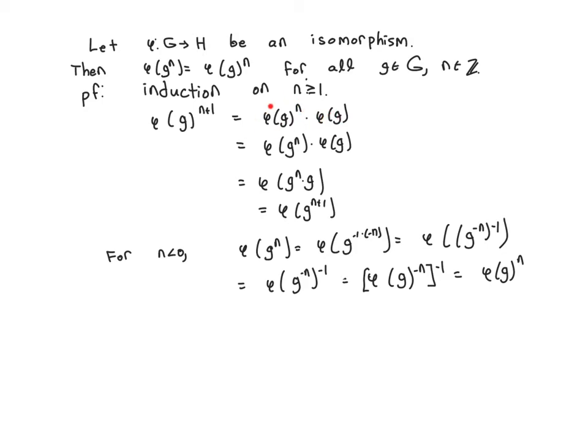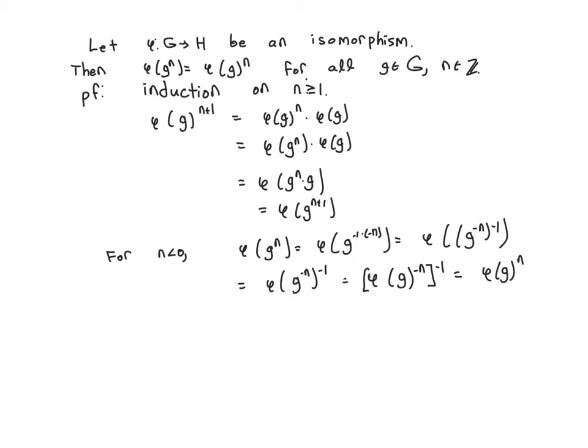By induction, the nth power of phi of g is phi of the nth power of g. Because phi preserves multiplication, phi of g to the n times phi of g is phi of g to the n times g. But that's just the definition of phi of g to the n plus 1. So by induction, if you assume it's true for nth powers, then it's true for n plus first powers.